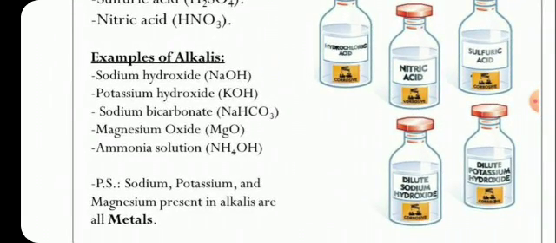Examples of alkalis: sodium hydroxide NaOH, potassium hydroxide KOH, sodium bicarbonate NaHCO3, and sodium bicarbonate is also called खाने का सोडा, and sodium carbonate Na2CO3, that is called washing soda.